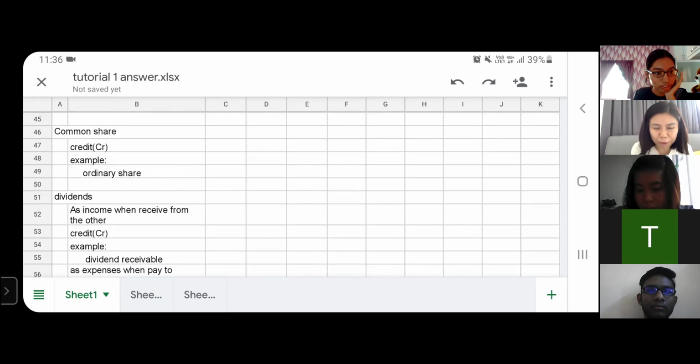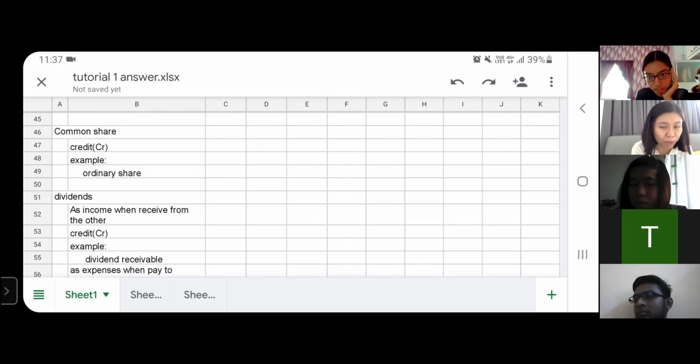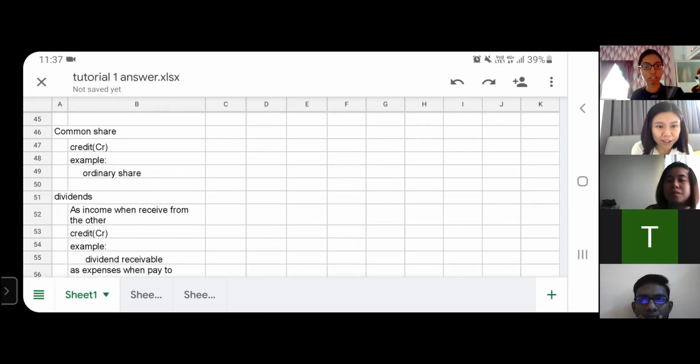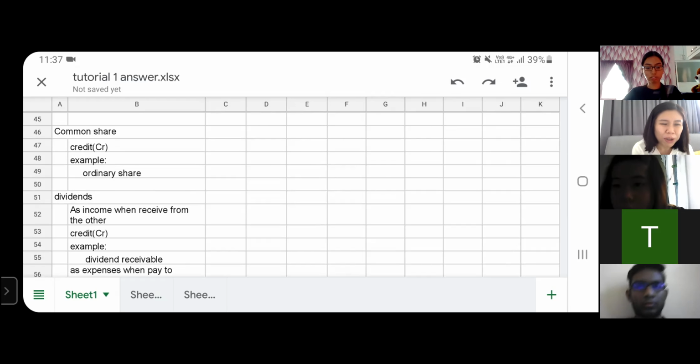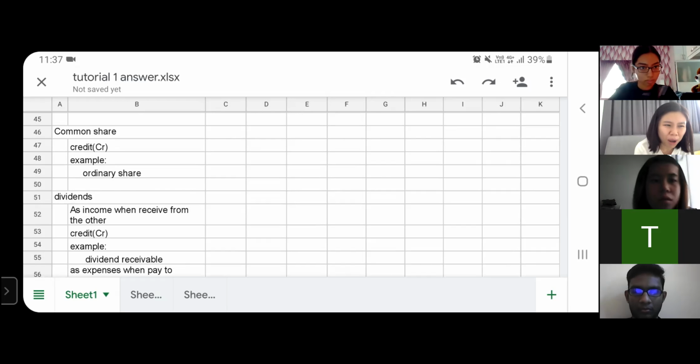I believe Yuan Hao is trying to say the difference between ordinary share and preference share, not private share. You can also call it private share because you offer it to a particular specific investor, but normally we use the term preference share.